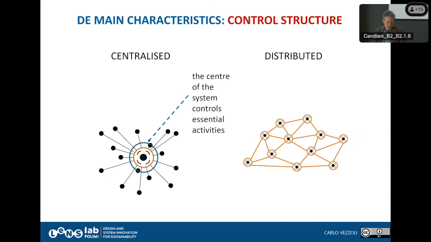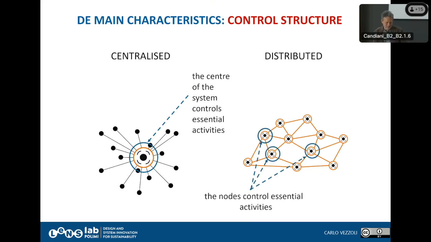So the center of the system controls all of the essential activity. If it is energy, they decide the cost of the energy, how to distribute it, where the energy has to pass, how to build the infrastructure, and so on. And this is not only the case for energy; the same is true if I'm producing a product or developing software.